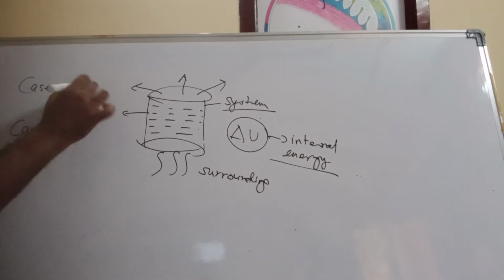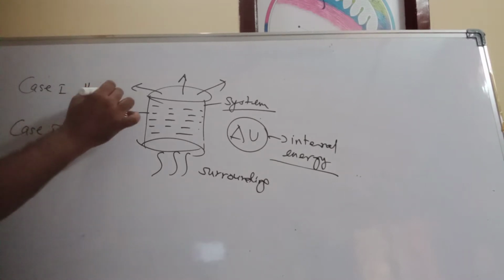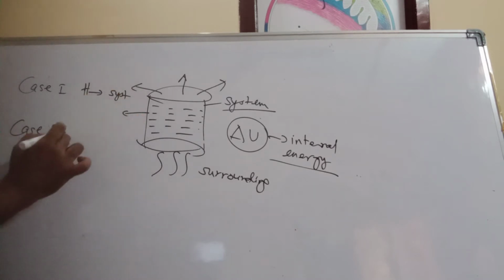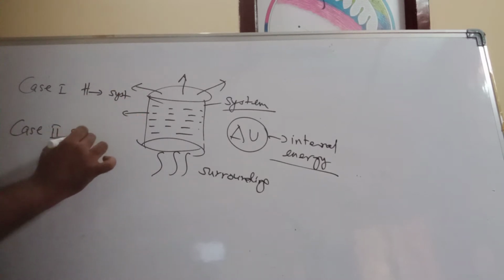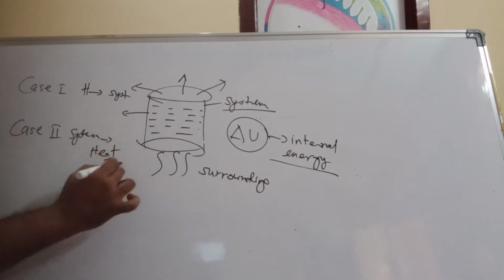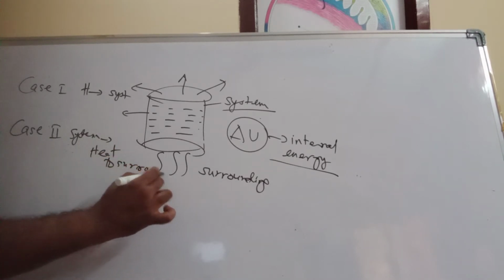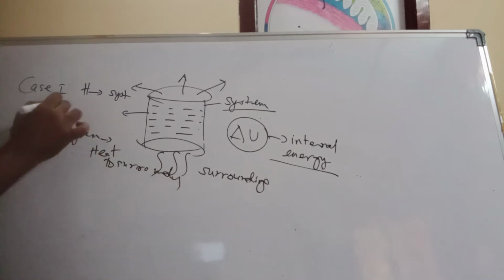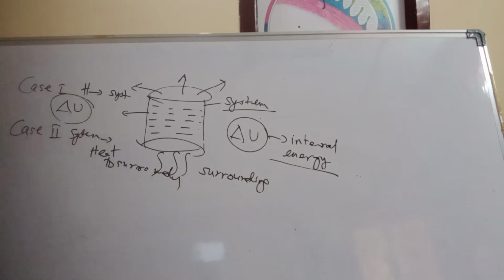Here heat is given to the system. Here system is releasing heat to surrounding. In both cases, you will find delta U. So this is how it is.